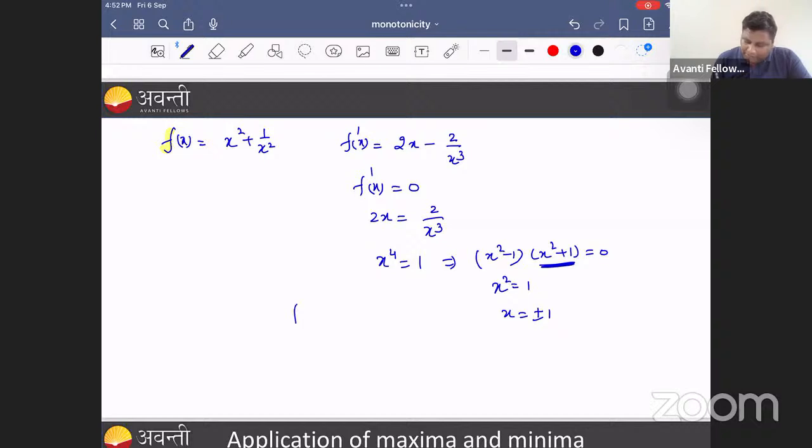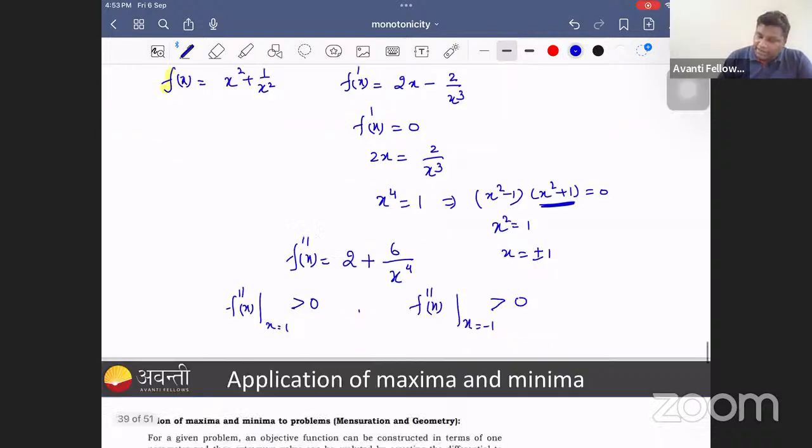Now, f double dash x is 2 minus minus, it will be positive, 6 upon x to the power 4. Got it? Now, f double dash x at x equals 1 is going to be positive, very much clear to everybody. And f double dash x at x equals minus 1 is also going to be positive.